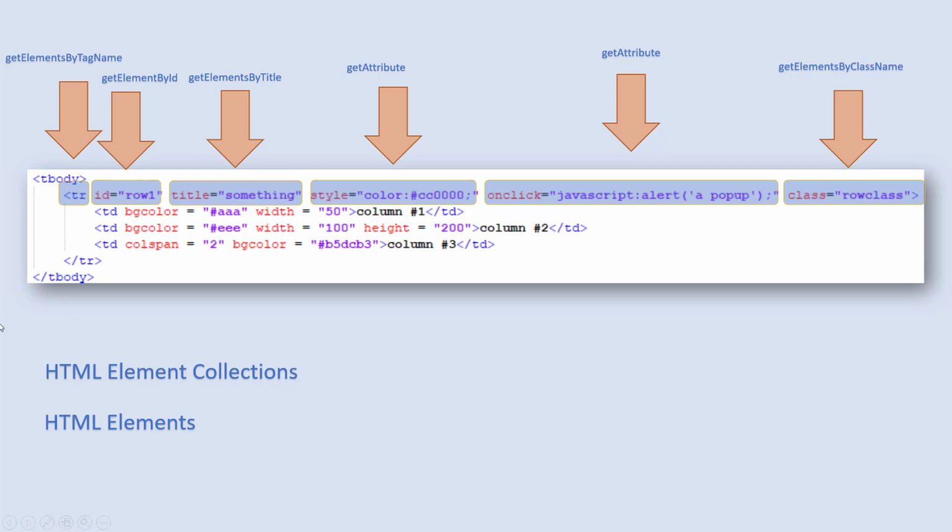So these are the lowest level of an HTML file in a DOM document: the HTML element collections, and the HTML elements. If I find the collections, I have to get the element according to other criteria, like the first one, the second one, or the one containing a certain row or ID.